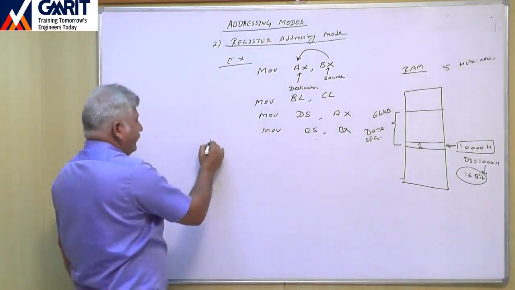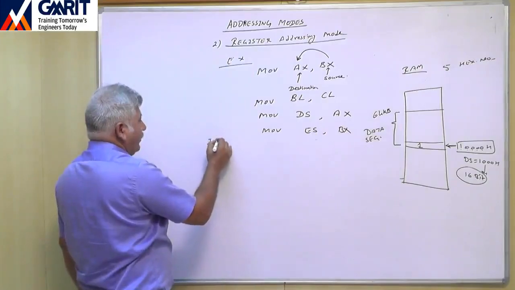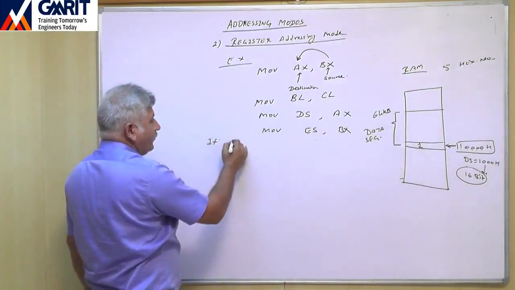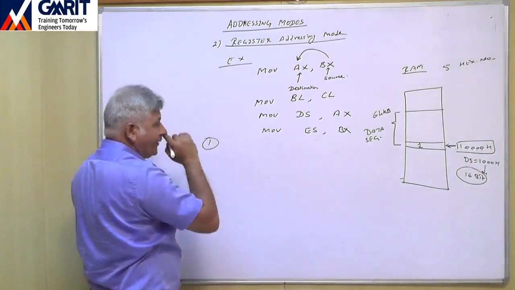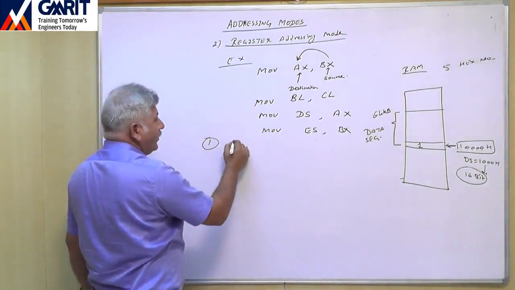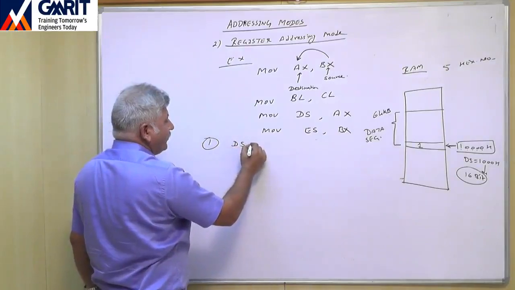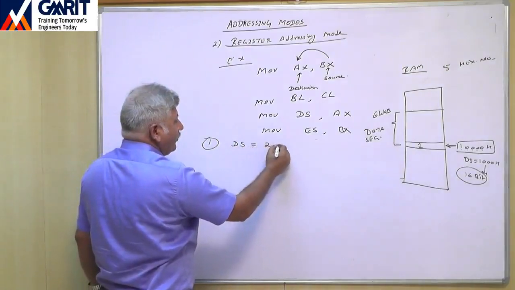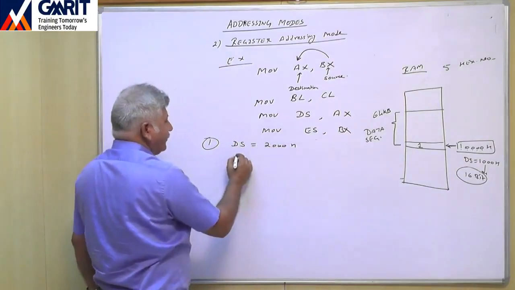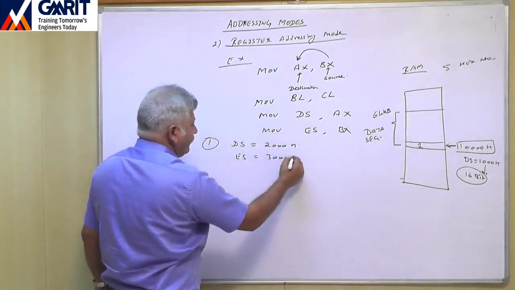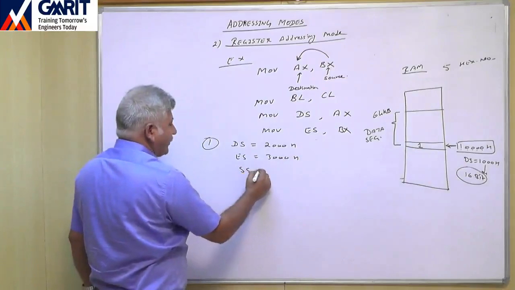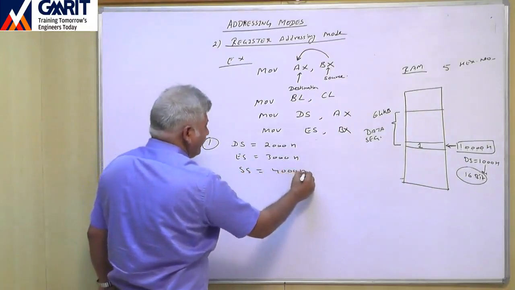Or suppose there is one question, initialize data segment to 2000H, extra segment to 3000H, and stack segment to 4000H.